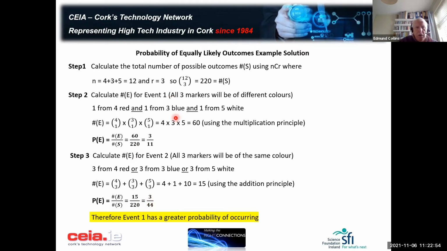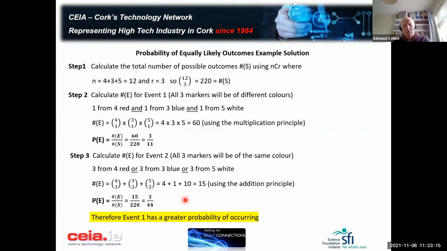So therefore, event 1, I think it was Brian, whoever, who said that there would be 3 markers of different colors, that is the greater probability of occurring: 3 over 11 as against 3 over 44.